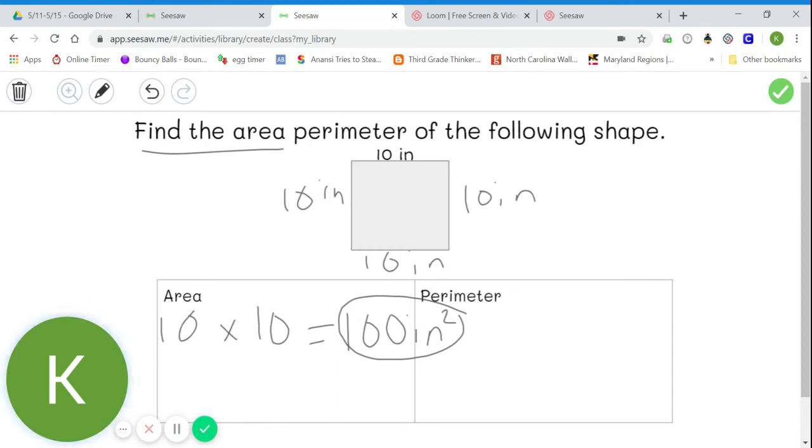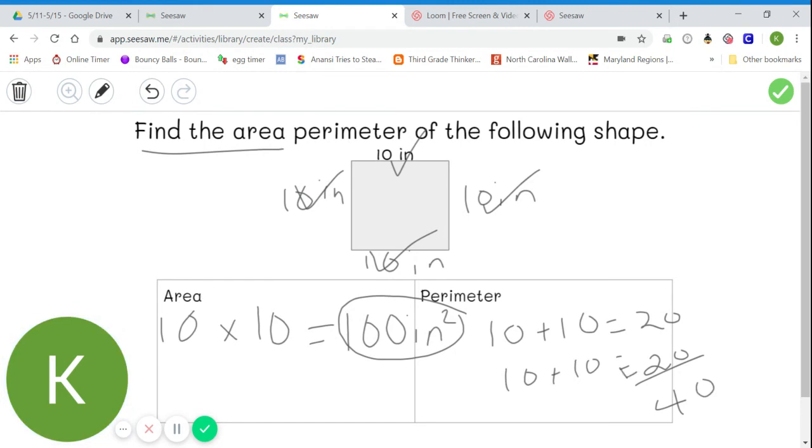Next, let's find our perimeter. I can set it up as 10 plus 10, which equals 20, and then 10 plus 10, which also will equal 20. And we know that that will equal 40 because 0 ones plus 0 ones is 0, and 2 tens plus 2 tens is 4. 40 inches.